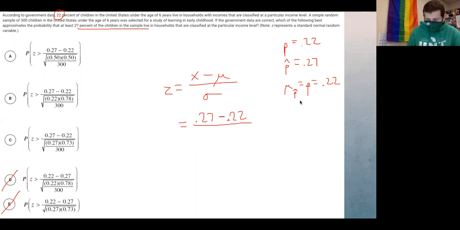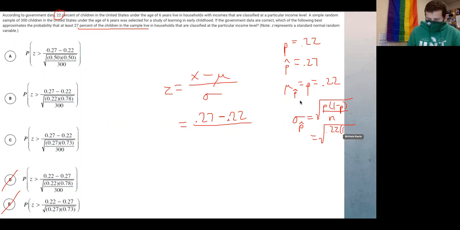Now, the standard deviation for a sampling distribution of sample proportions is the square root of P times 1 minus P, all over the sample size. That's just one of those formulas that you have access to. You don't have to have it memorized. So my population proportion is 0.22.